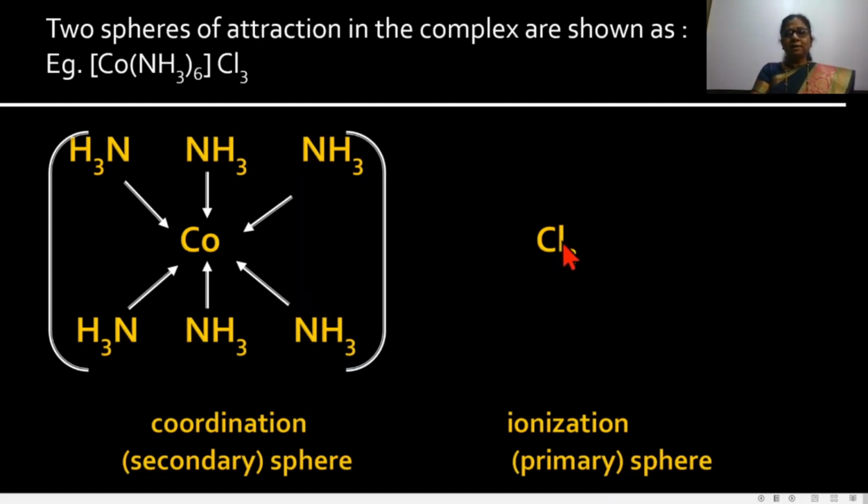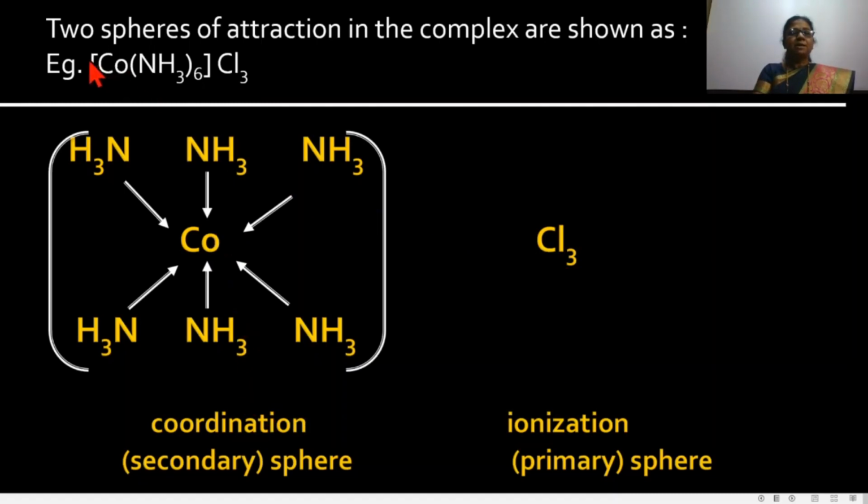And this Cl3 is the primary sphere, which is ionizable, and the secondary sphere is called the coordination sphere. This complex has two valencies; the primary valency is ionizable and the secondary valencies are non-ionizable.